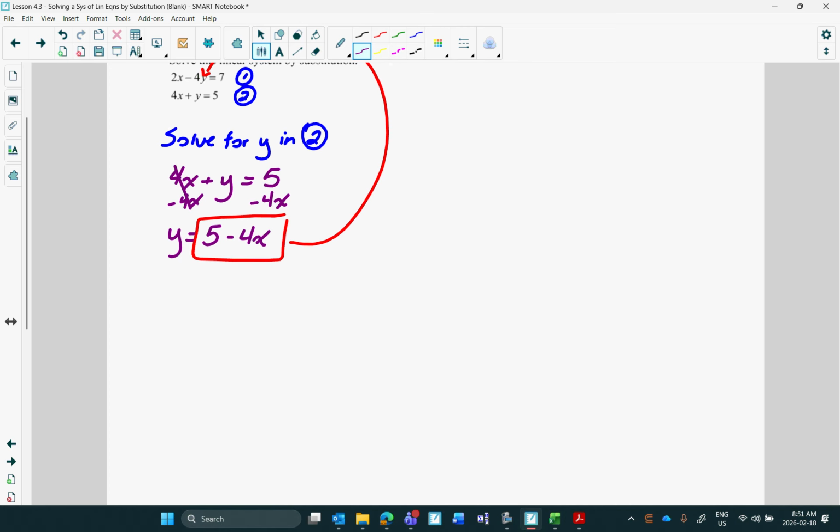So in the first equation, sub 5 minus 4x for y in number 1. In which case I can solve for x.